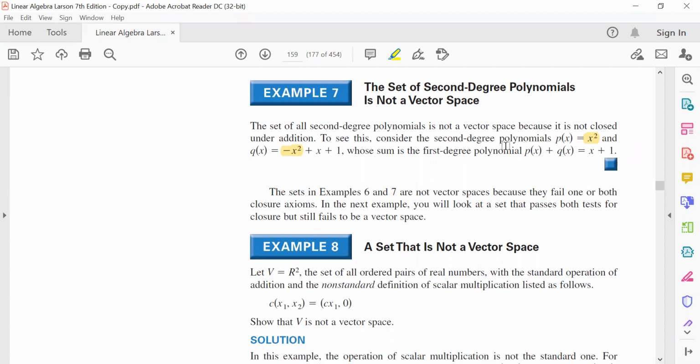Suppose P of X was X squared minus X, then the minus X would cancel out that plus X, and I would just get P plus Q equals 1. So I have to include 0 degree polynomials, if you will, in my system.